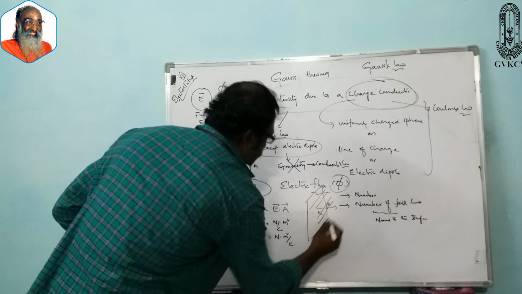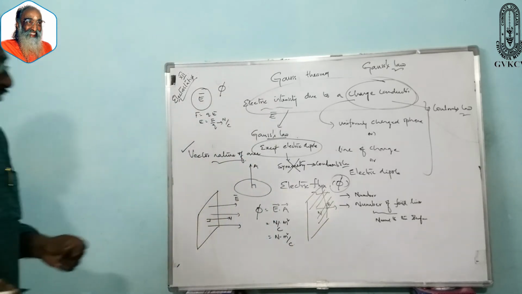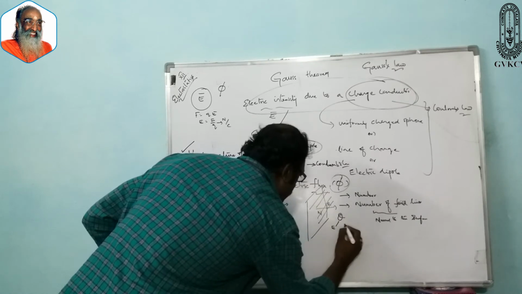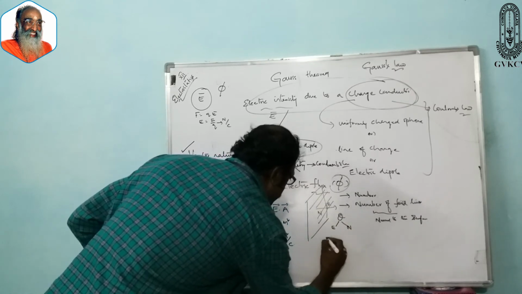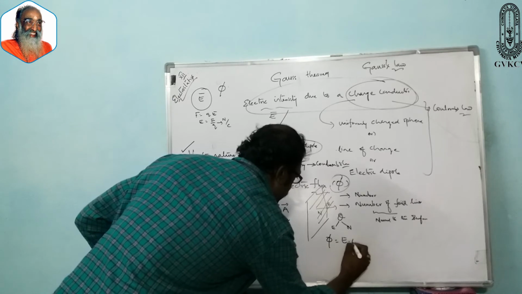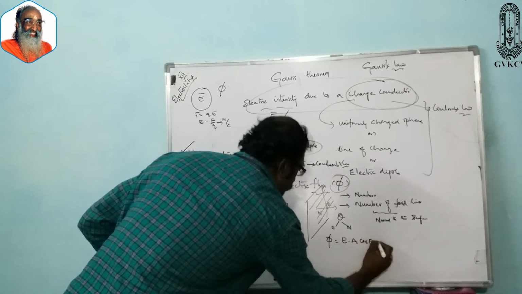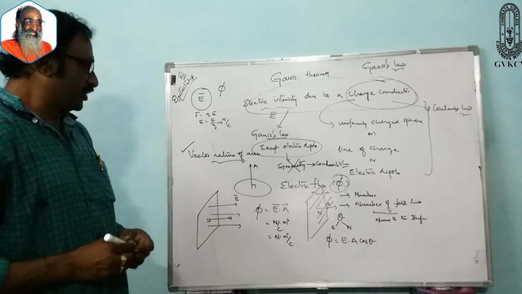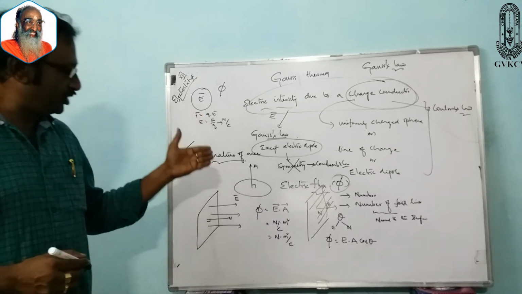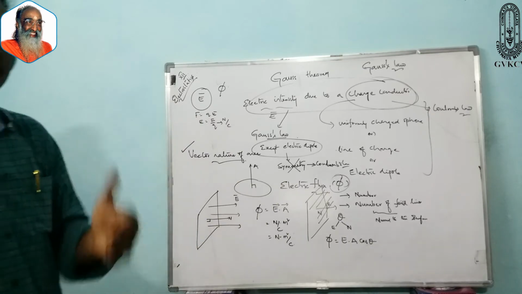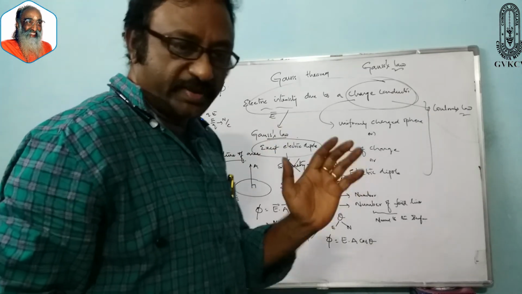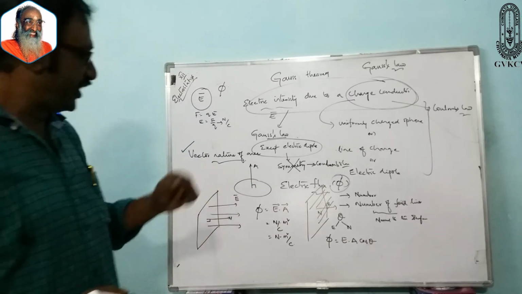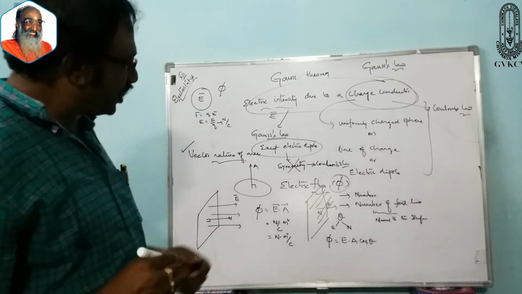If theta is the angle between E and the normal, then phi is equal to EA cos theta. So you can calculate phi if the electric field is making some angle with the normal, using this formula.